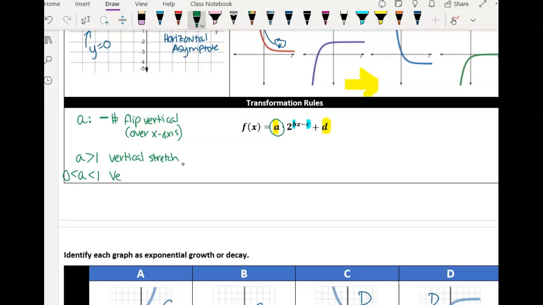Imagine putting the graham crackers on the top and the bottom, and the other stuff just kind of oozes out the side. So this is going to be a vertical compression. All right, it makes it flatter, whereas the other makes it steeper. Again, the a value is all about the vertical.